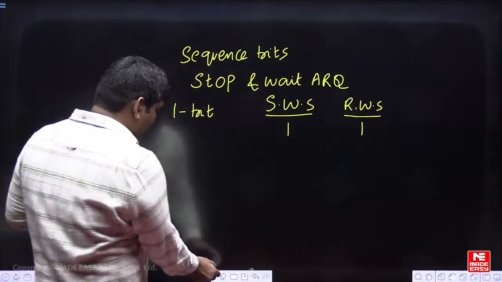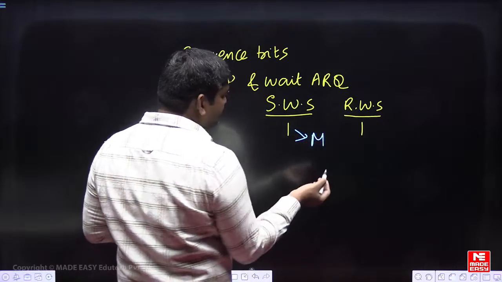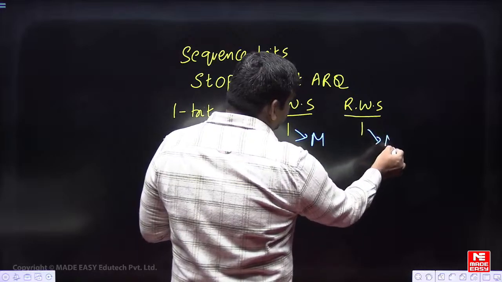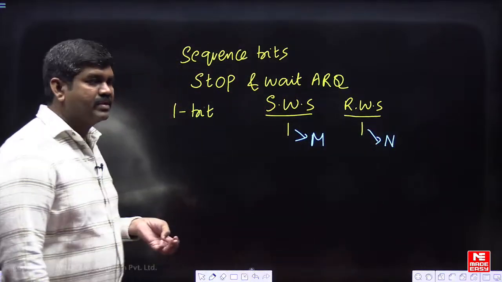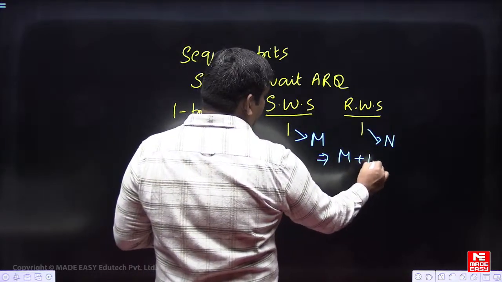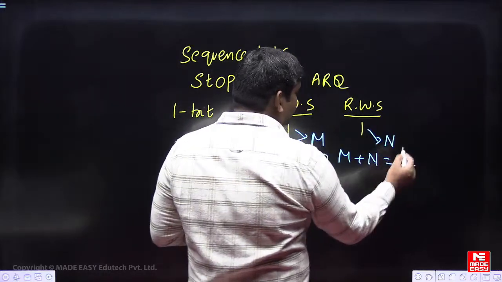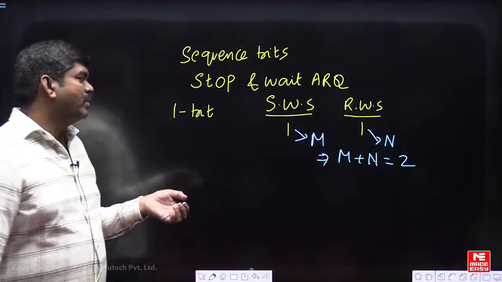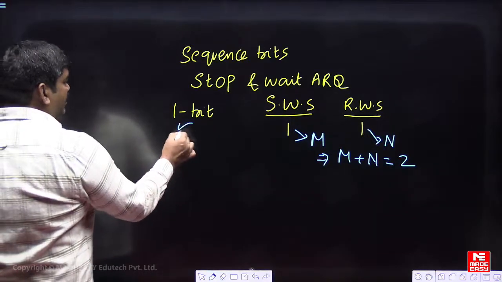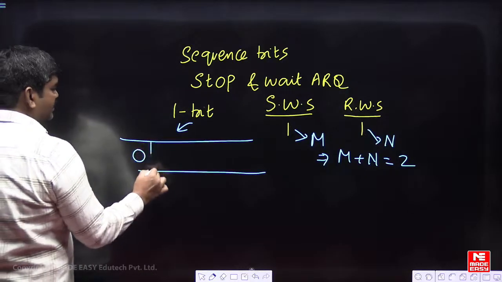So you can observe here, if I take the sender window size as some m as a variable, as they have mentioned in the question, and the receiver window size as n, or if you just reverse it also, and I add these two values, you get the window size. To design this protocol, whenever you transmit the data, you take the sequence numbers 0, 1.